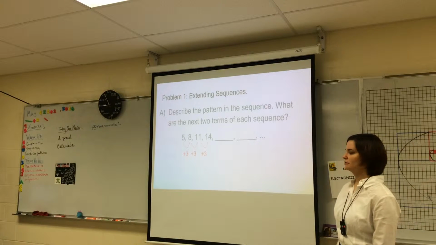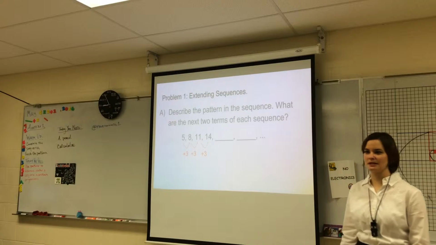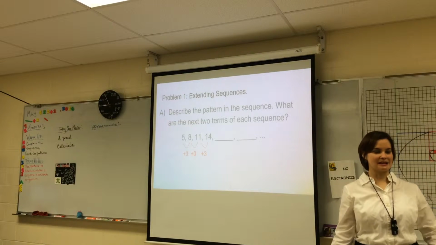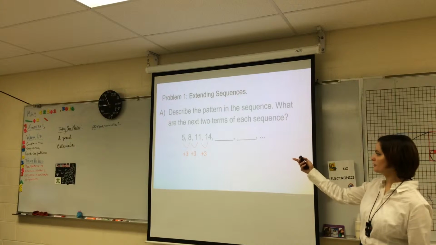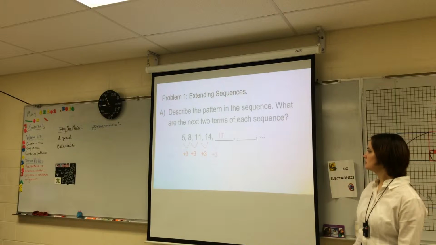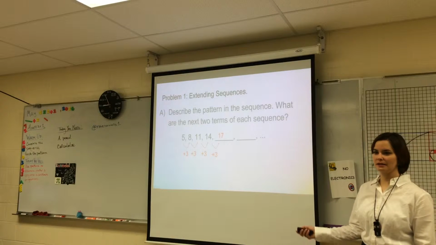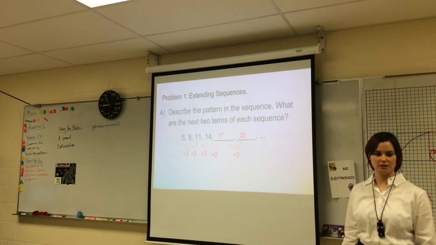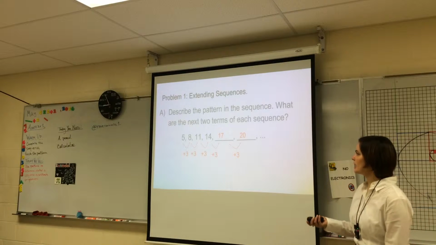And then 11 to 14, well, that makes sense. It's plus 3, right? So we're adding 3 to get the next term. If I add 3 to 14, what would be my next term? 17. And then I can do it again, right? 20. Beautiful. Very nice.